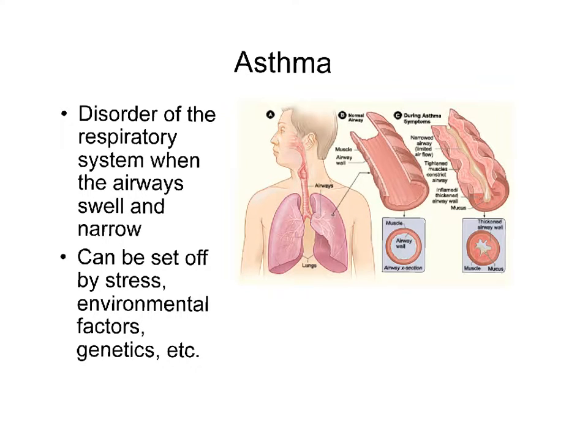Another disorder that you guys are more likely to have experience with is asthma. Asthma is a disorder of the respiratory system that's caused by a swelling of especially the bronchioles and bronchi. And this is a lot of times considered to be an allergic type reaction, but it can be set off by a variety of things, including stress, environmental factors, and genetics.